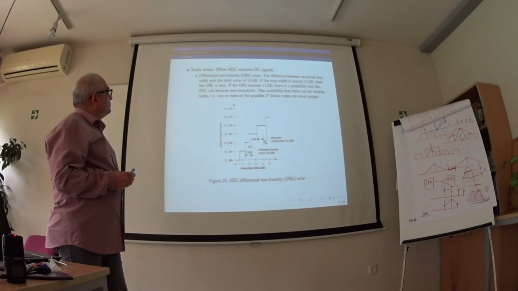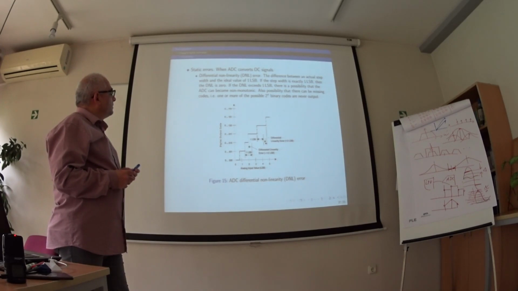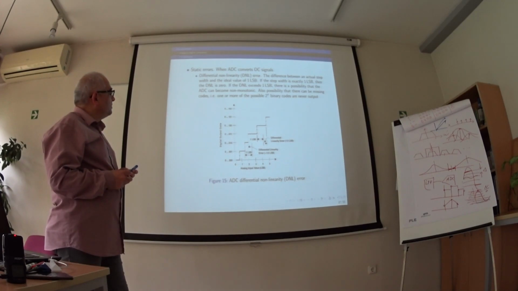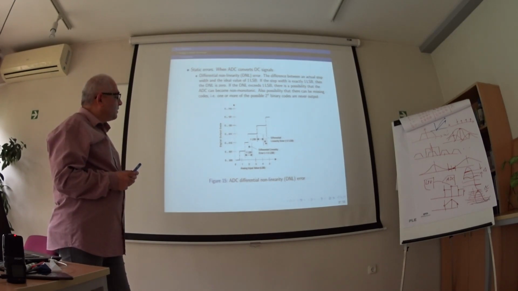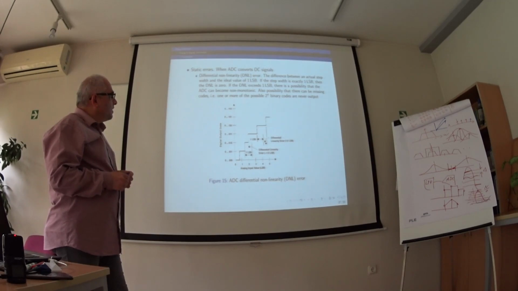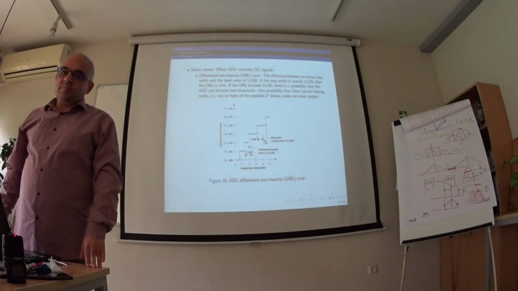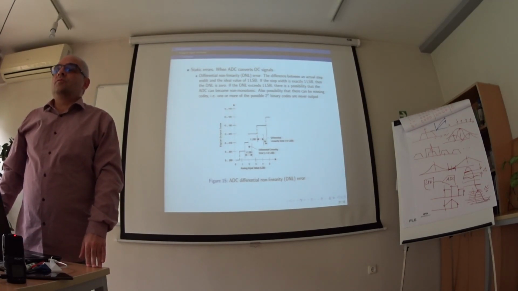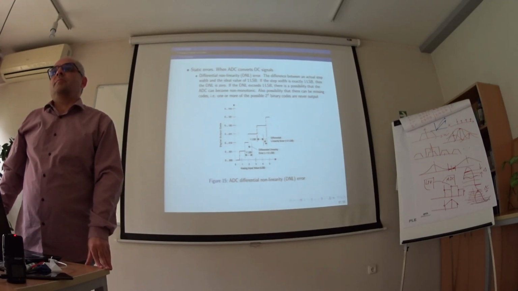If we have differential non-linearity that exceeds one least significant bit, we have a possibility for our analog to digital converter to become non-monotonic, and a possibility to have missing codes. Missing codes are those that we expect to see at the output of the analog to digital converter for some input voltage, but they never appear at the output.